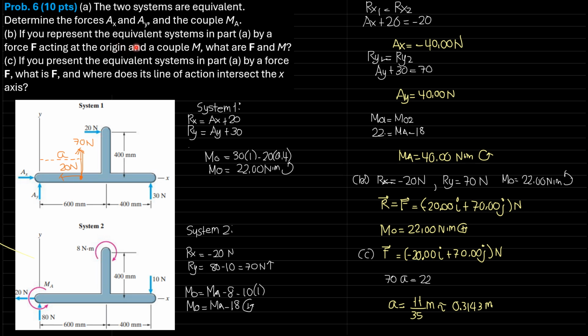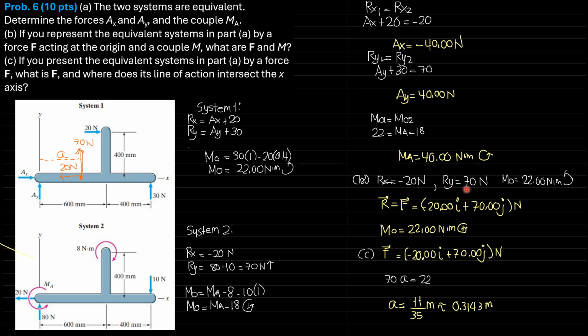For part B, if you represent the equivalent systems in part A by a force F acting at the origin and a couple M, what are F and M? We already know the resultant couple at the origin, it is equal to 22 newton meter counterclockwise. For the force, it is Rx and Ry. So Rx is negative 20, we know that from system 2.